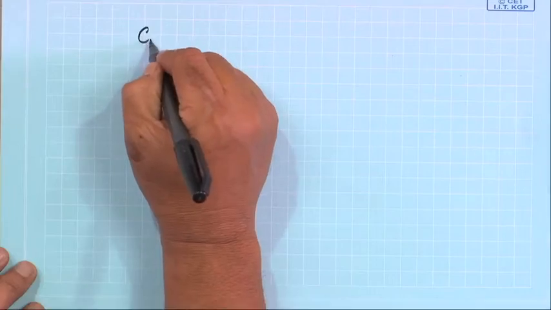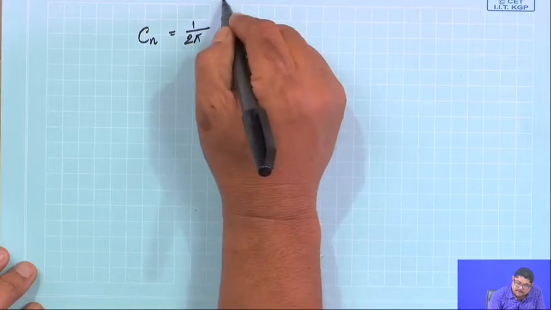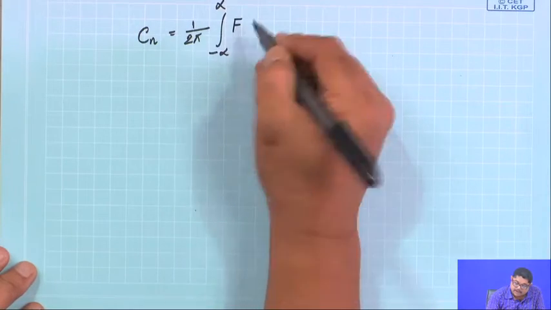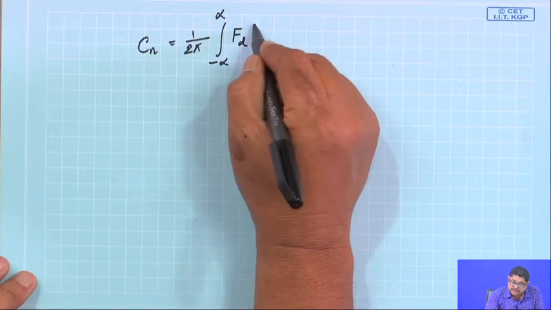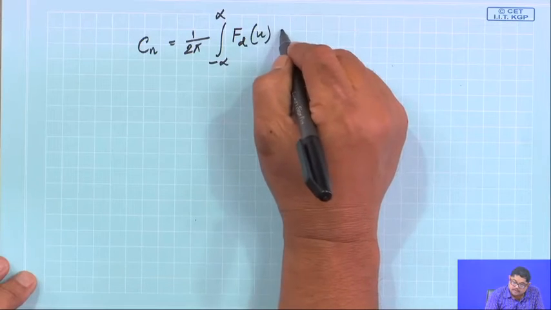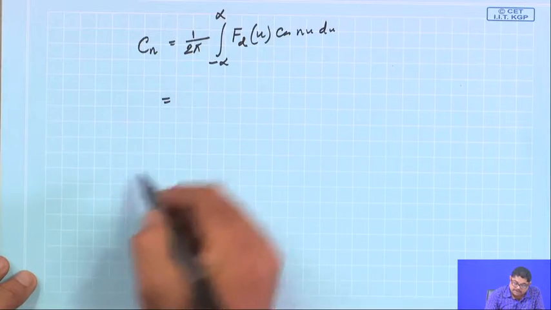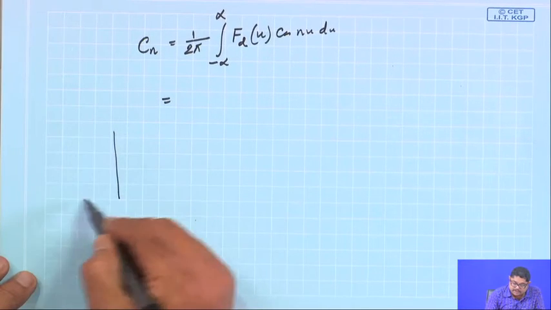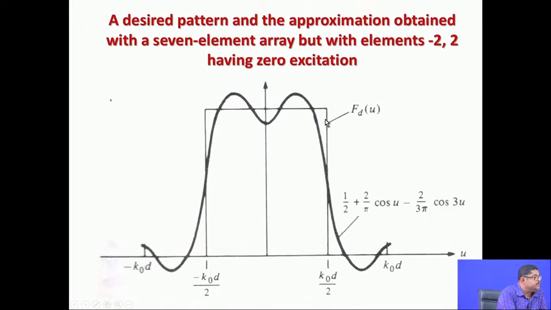So, what will be the Cn value? From the Fourier series knowledge, we can easily write that Cn is 1 by 2 pi, integral from minus infinity to plus infinity, of F specified or desired u, cos nu du. Suppose I want a rectangular function from minus k0 d by 2 to plus k0 d by 2.